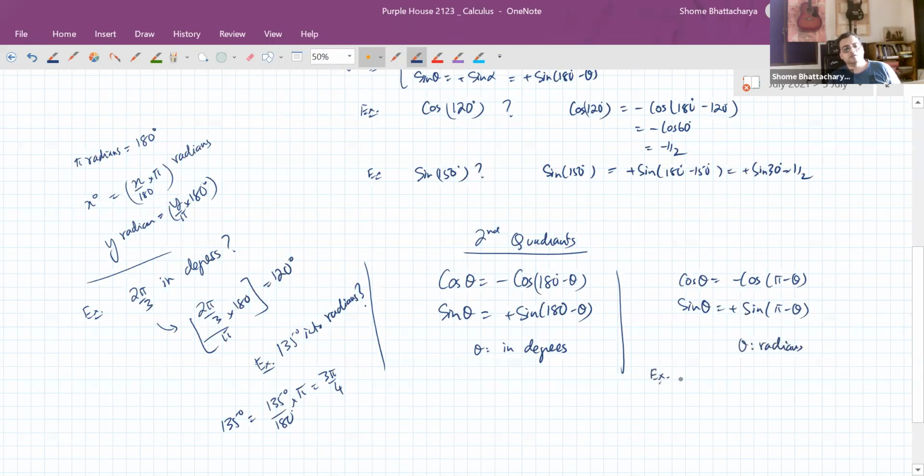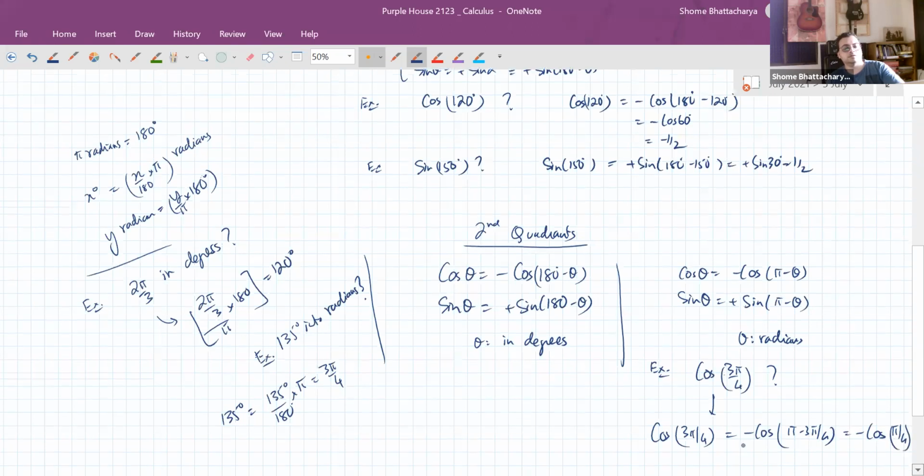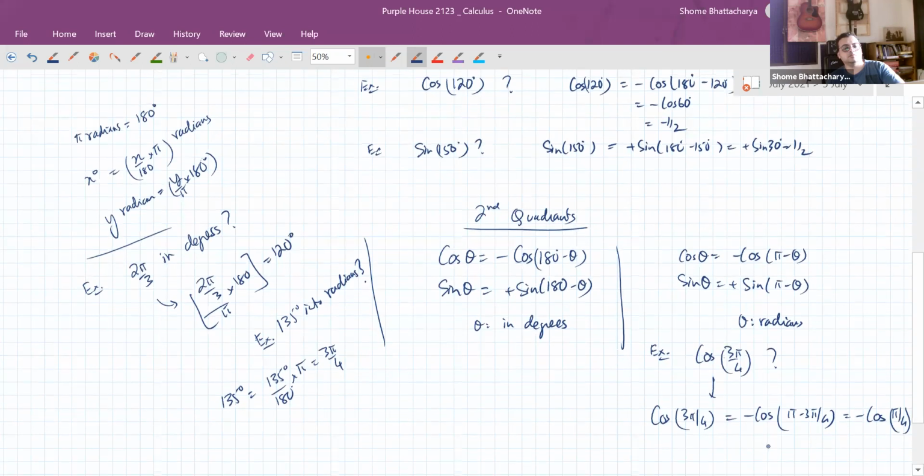So for example, what is cos of 3 pi by 4? So we use this formula that cos of 3 pi by 4 is minus of cos pi minus 3 pi by 4, which is minus cos pi by 4, which becomes minus 1 by root 2.